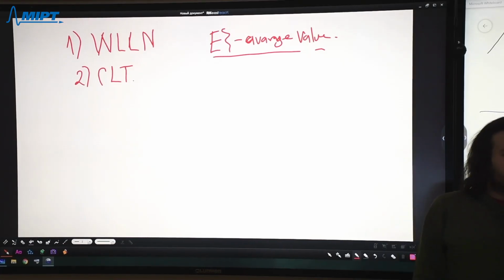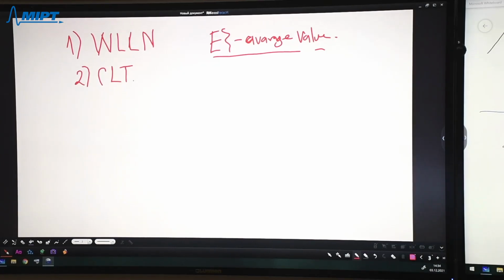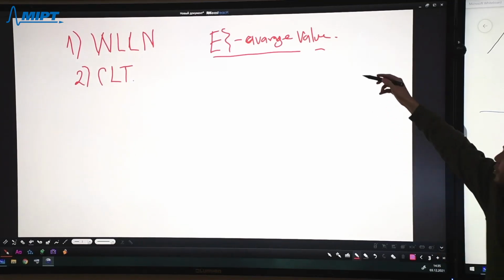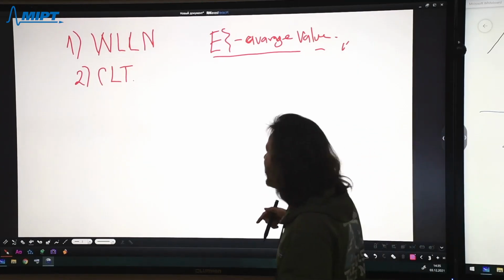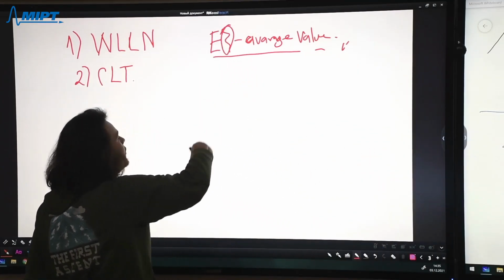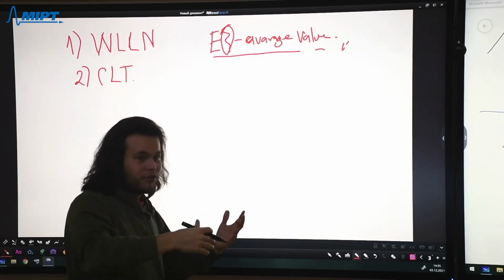So if you have some random variable, some experiment, and you can define the expected value of this random variable, you have already found the average value. And you don't have to do 1 million experiments to find the average value. That's why this is very important. If you can define this, you know a lot about this random variable in the real world.